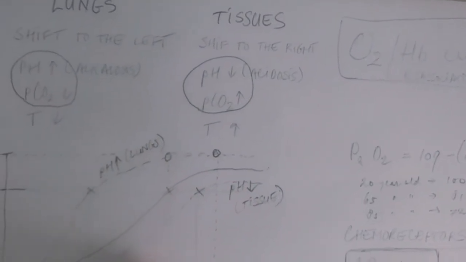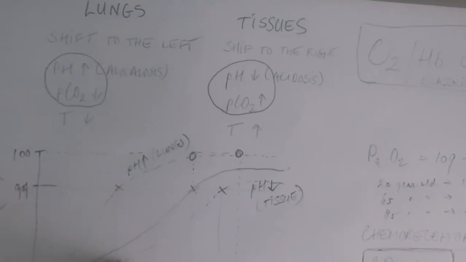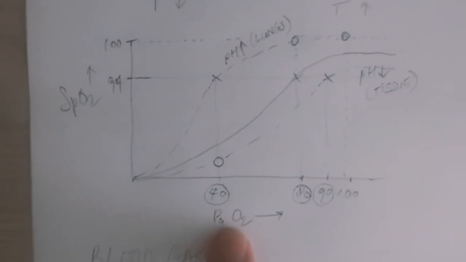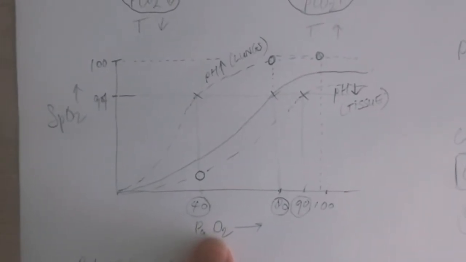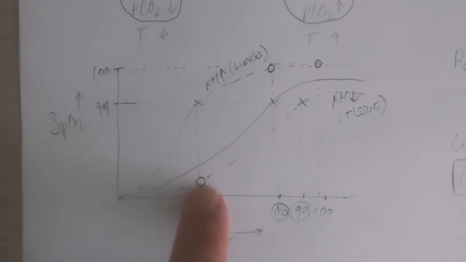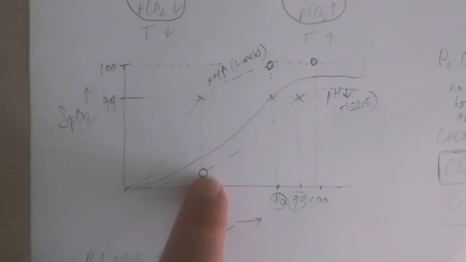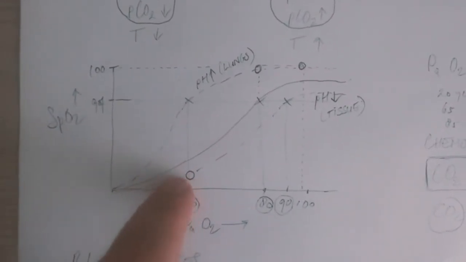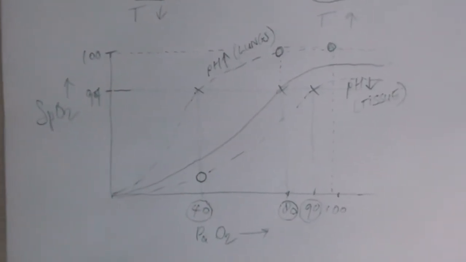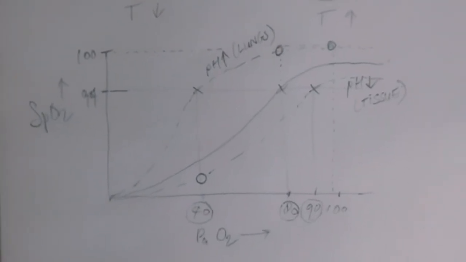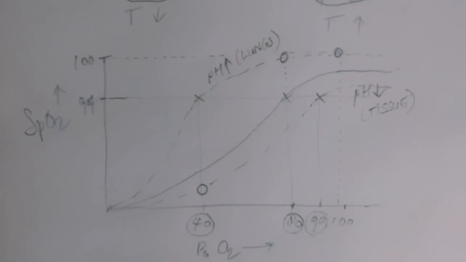So we need to look at this round circle here. A low blood gas level for oxygen, and the curve has gone to the right, and you see the affinity for hemoglobin with oxygen is very low, and that's exactly what you want, because you want that oxygen to be let go of by hemoglobin so the tissues can absorb it.